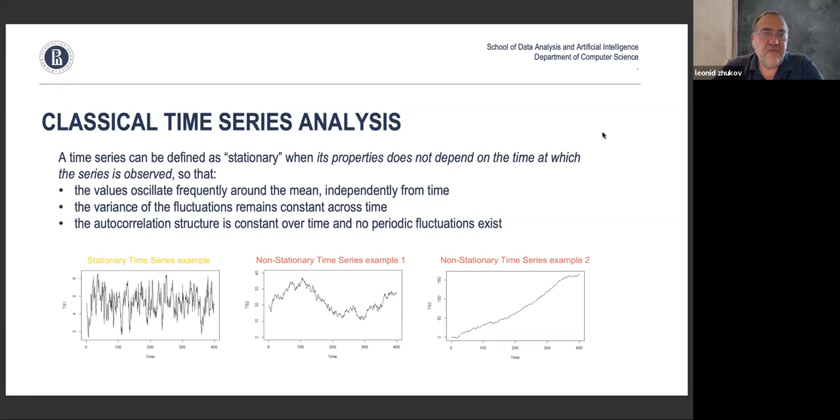So property here means, okay, what's the main value, that it doesn't change with time? The variance of the fluctuations does not change, so that the size of fluctuation does not change across time. The autocorrelation does not change across the time. So all the properties of the signal remain the same.